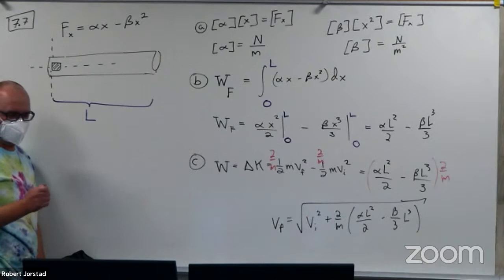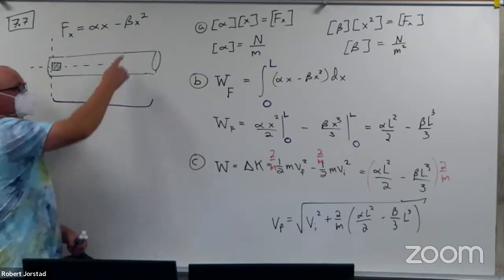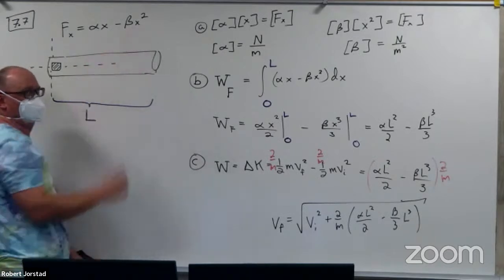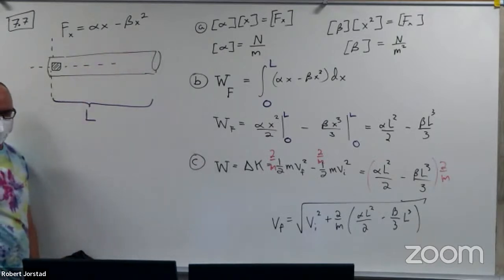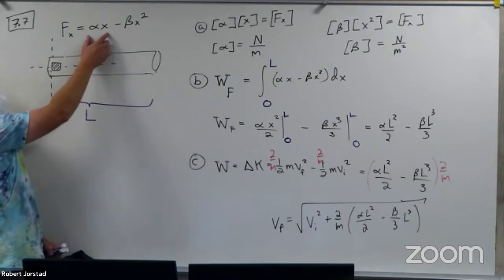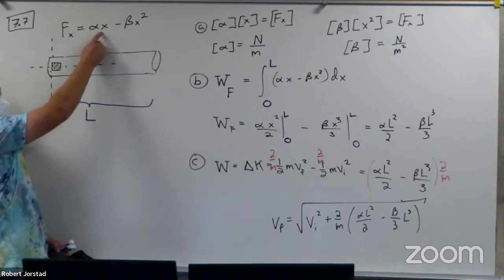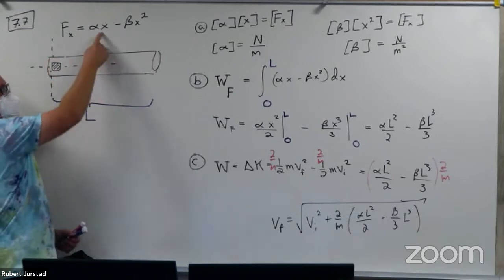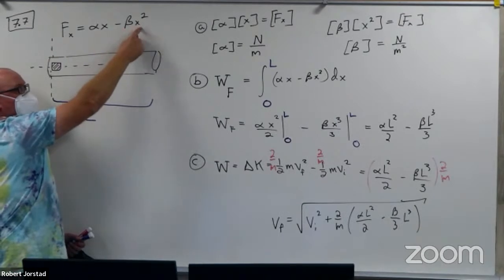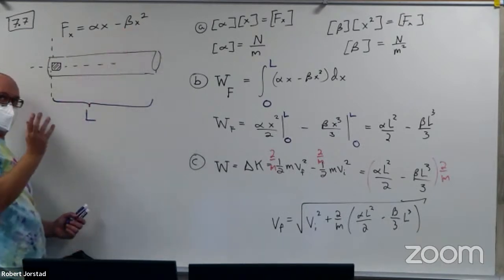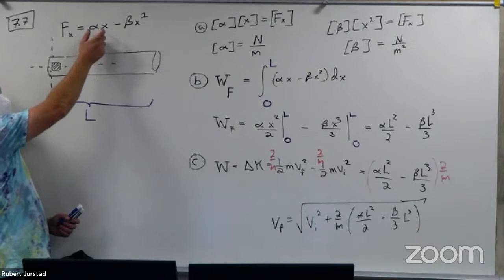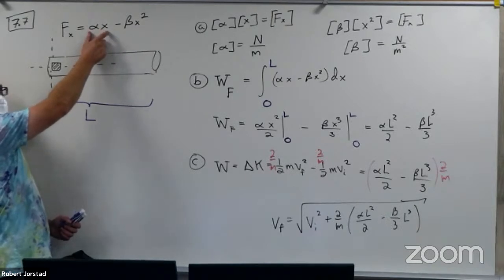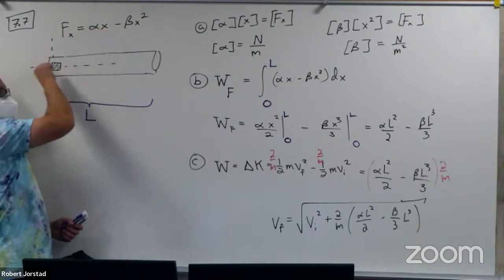If x is 0.0001, what's bigger, 0.0001 or 0.0001 squared? Yeah, this term tends to be bigger when x is a small number, right? If you square tiny numbers, they get even tinier. So this might be a tiny number. This would be a tiny number squared, really tiny. So at small distances, for small values of x, this term is big. It dominates, the force is positive.